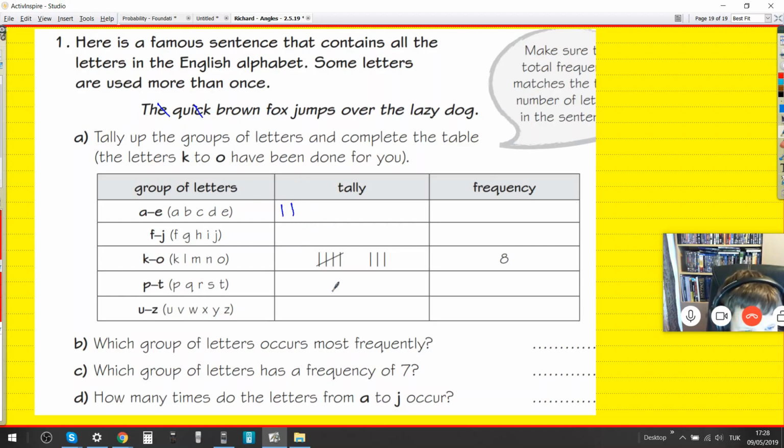And then the next one is B. And then the next one is O. No, not O. So the next one is over, I think.